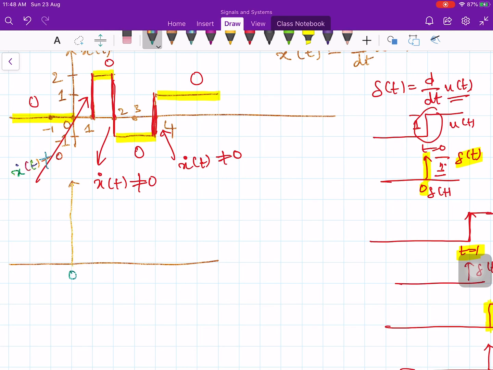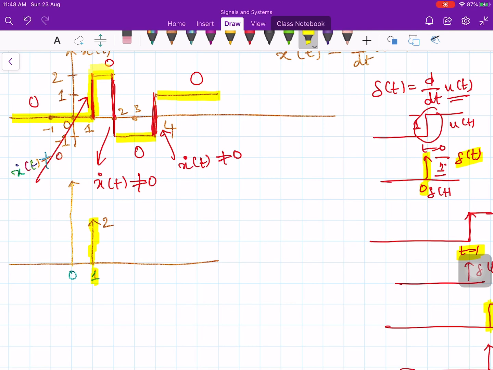When you come up to 1, then there is a jump. This jump is by 2 units. Therefore, you put an impulse of 2 units, so that the area under the impulse is 2 units. So there is an impulse at t equals 1. Fine. Now again the function is constant in between 1 and 2.